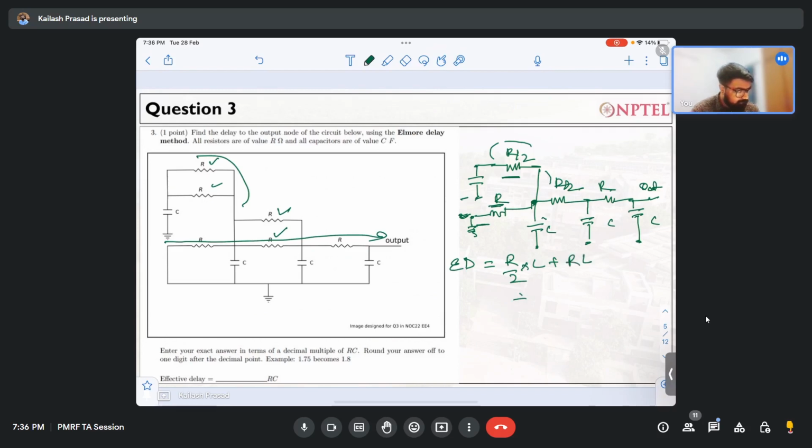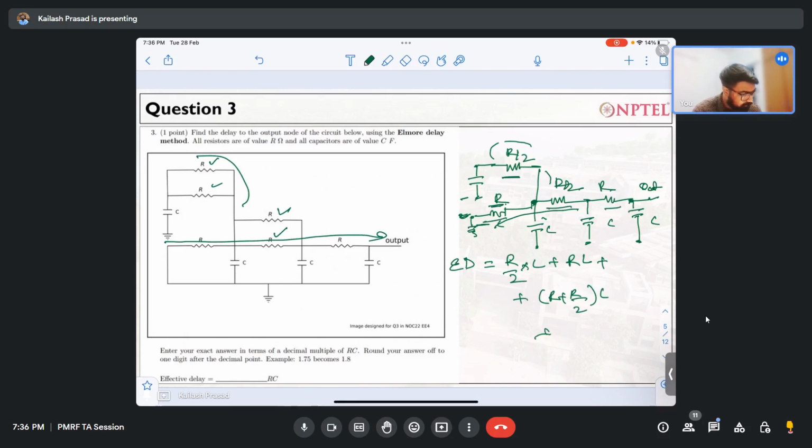Plus for this particular capacitance, what is the resistance to the ground? The entire resistance is to the ground, so R plus R by 2. So this will be R plus R by 2 times C. If you see this particular capacitance, what is the resistance to the ground? This R plus this R plus this.